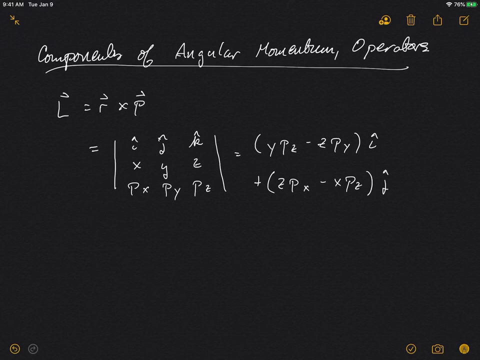So the way determinants work, you alternate the sign here, so x p_z ends up with a minus sign in front of it, and z p_x does not. So there's a sign flip.